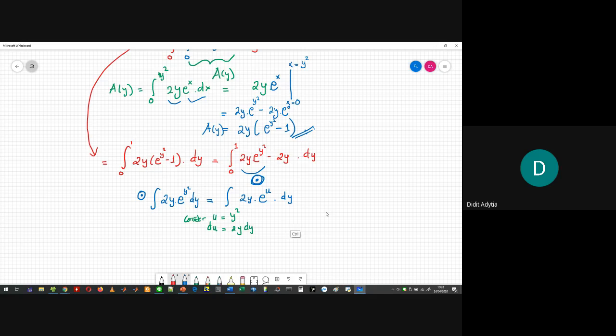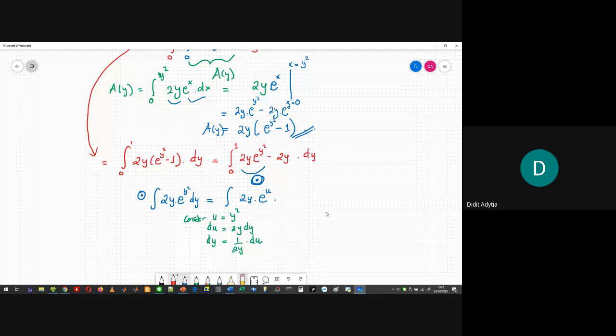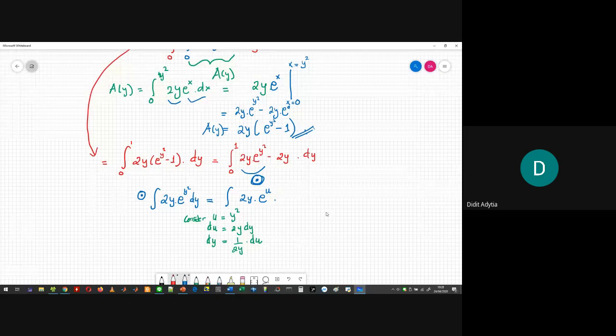Wait a moment. Du, and then dy is 1 over 2y du. Okay, and then I replace this part by using this part. Okay, so 1 over 2y du.